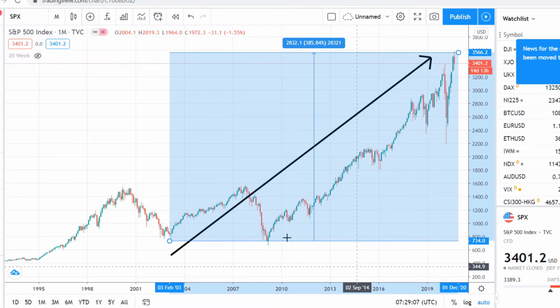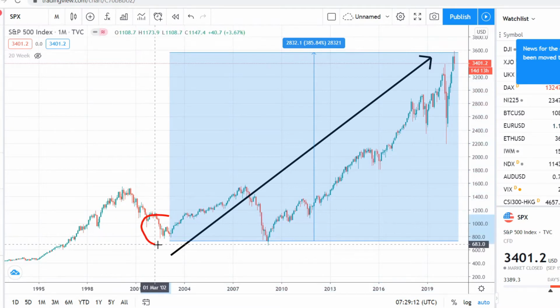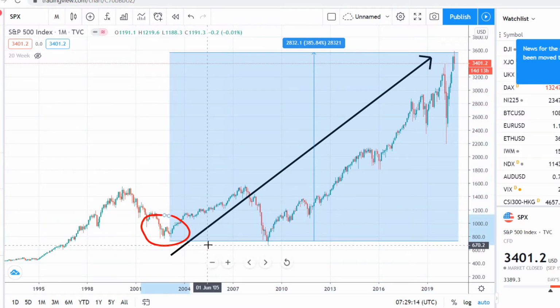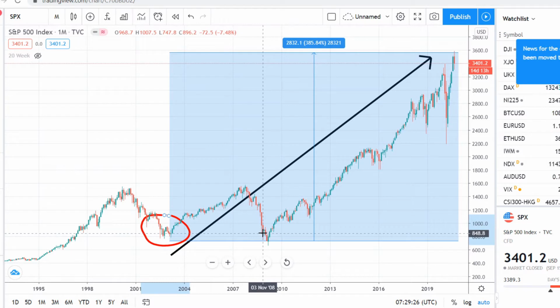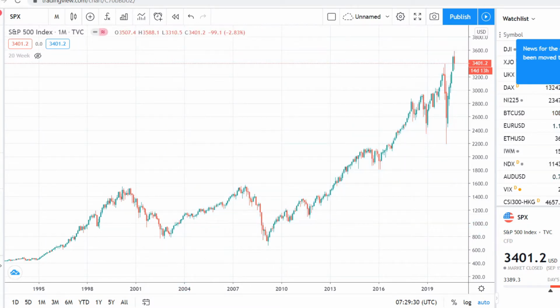So if you were to put $1,000 into the S&P 500 back here in the beginning of around 2001, 2002, that $1,000 investment would now be worth around nearly $4,800. So as we touched on in the intro, that looks like a great investment, doesn't it, guys? I mean, the stock market looks to have done really well over the previous 20 or 30 years.